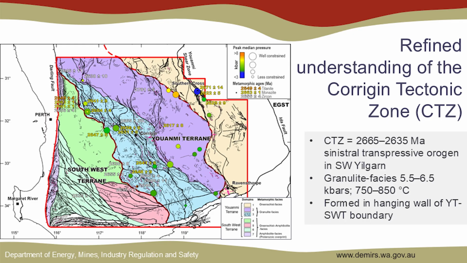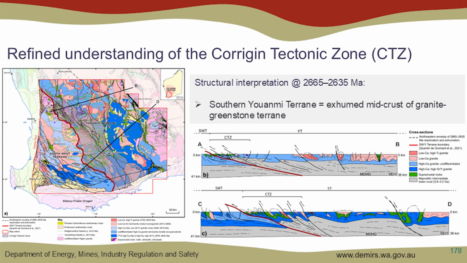So if we draw cross-sections across the Corrigin tectonic zone, they would look a bit like this. So here I'm showing two cross-sections from A to B and C to D. These are this one and this one. And these are crustal scale cross-sections.